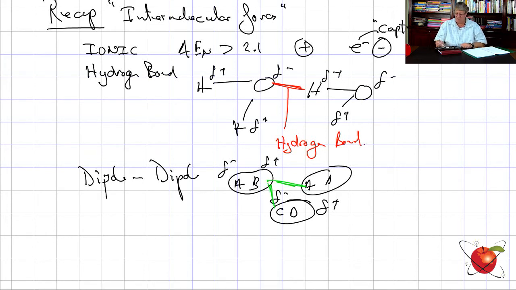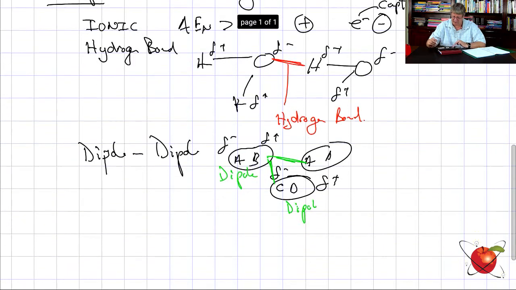one forming. Remember, I just drew an AB if they were the same, but it could be linked to something with a C and a D atom sitting inside there as well. And as long as I've got a minus and a minus, this is a dipole and this is a dipole here, like that. Okie dokie.